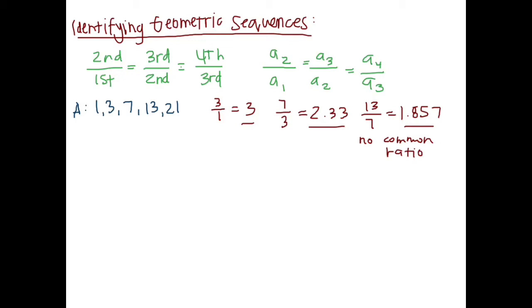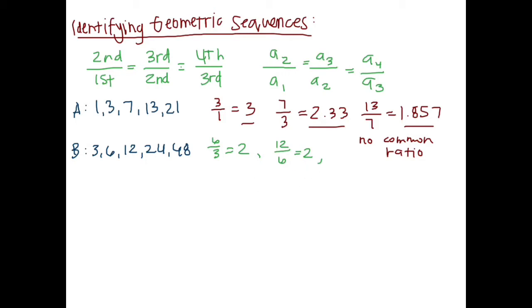Let's look at another sequence and see if it's geometric. This sequence is 3, 6, 12, 24, 48. So I'll do my second term divided by the first term, which is 2. Next we have the third term, 12, divided by the second term, 6, which gives me 2. So far we've got 2 ratios that are the same.